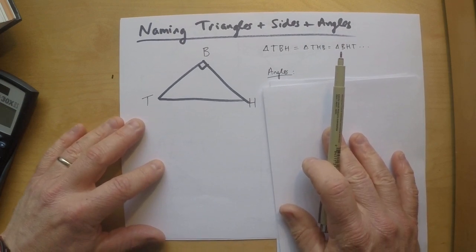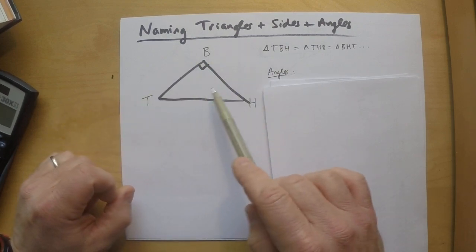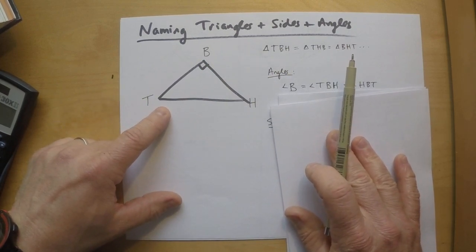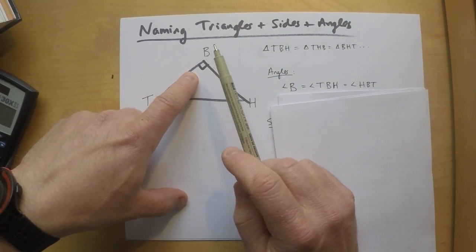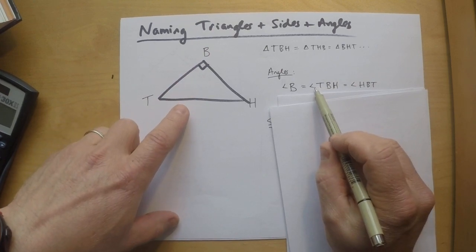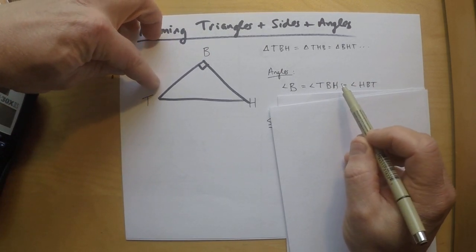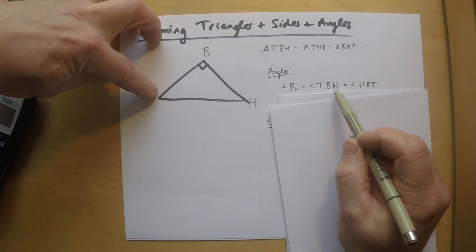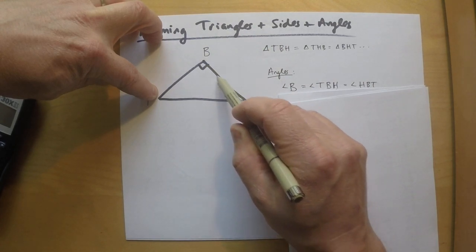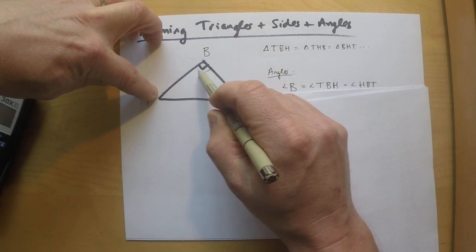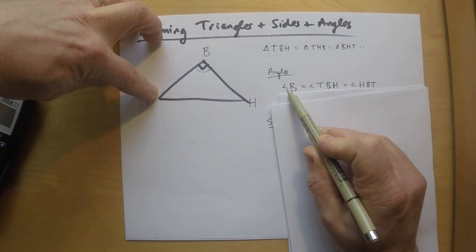Now angles. If someone wanted to describe a certain angle in this particular triangle, you could just say angle B, which you can see is 90 degrees. You could also reference it as angle TBH, and I think of it like following a road map: the middle letter, in this case B, is the angle. Angle B is way quicker.